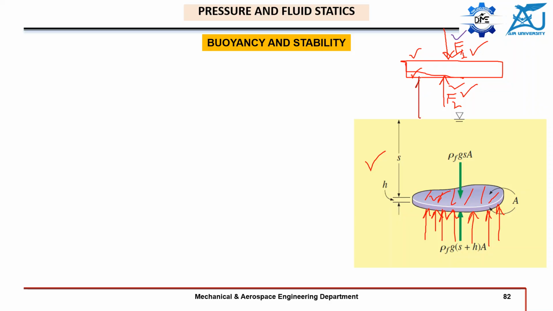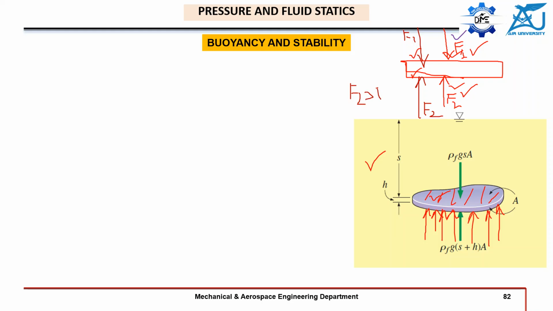This is F2, which is greater in magnitude. This is F1, which is smaller in magnitude. So what should be the resultant force's direction? Upward or downward? Upward, because ultimately F2 is greater than F1.